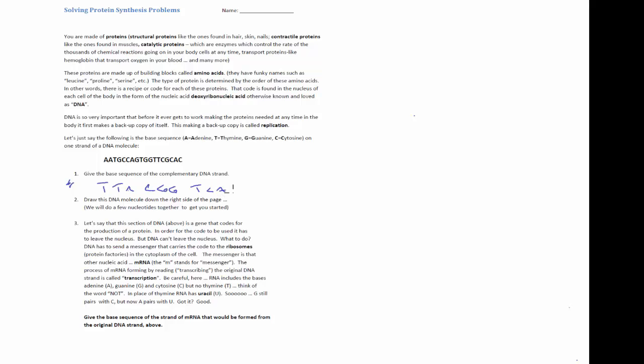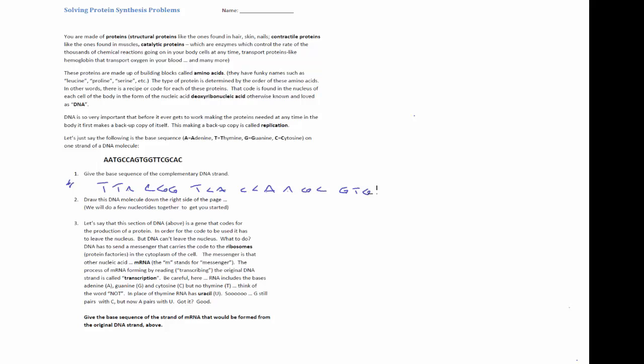And if we just continue going down the strand, cytosine, cytosine, adenine, adenine, guanine, cytosine, and then the last three bases on the DNA, CAC, will be attached to GTG. Right.